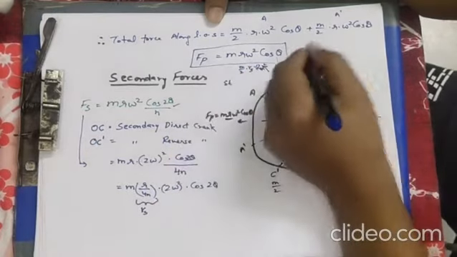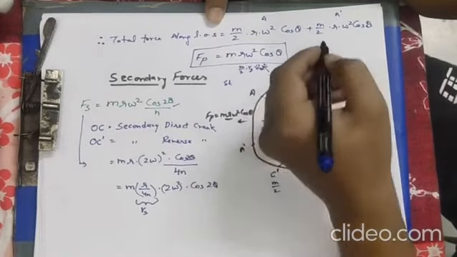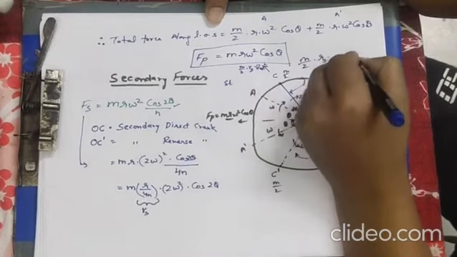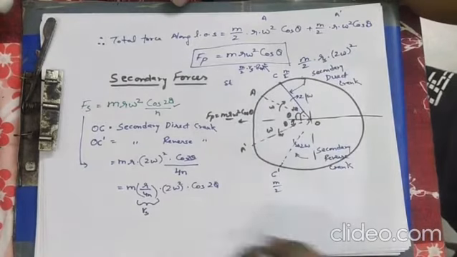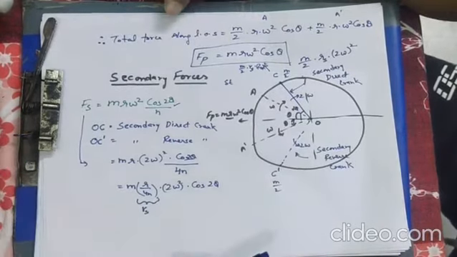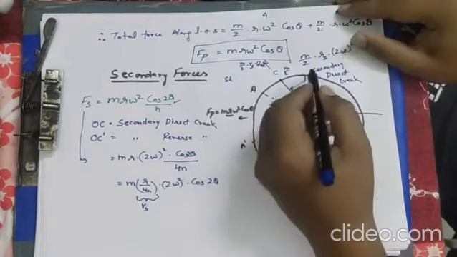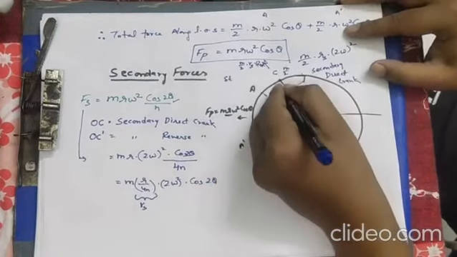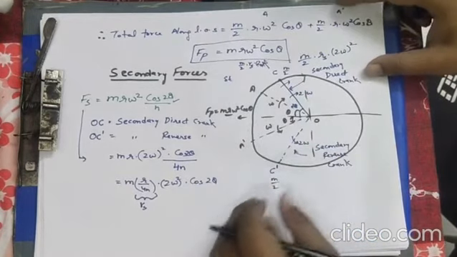So the magnitude of centrifugal force at the direct crank C will be m by 2 R into speed square. Hope it is clear. So now if these forces can be, hope the figure is clear. So we will take m by 2 R is 2 omega square in the clockwise direction. In the same way we will take in the anti-clockwise direction and we will take its components.